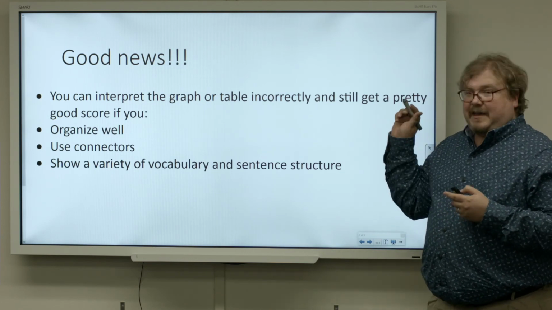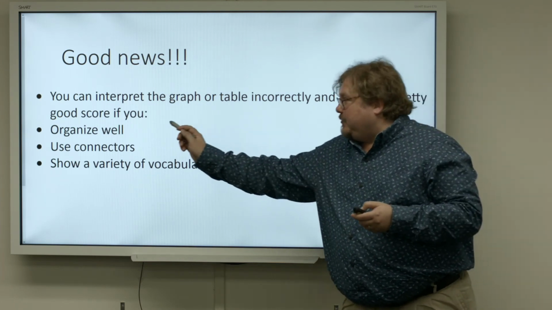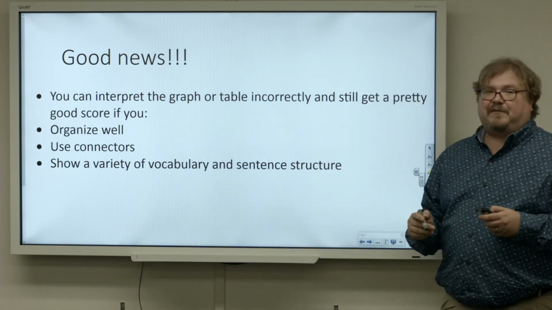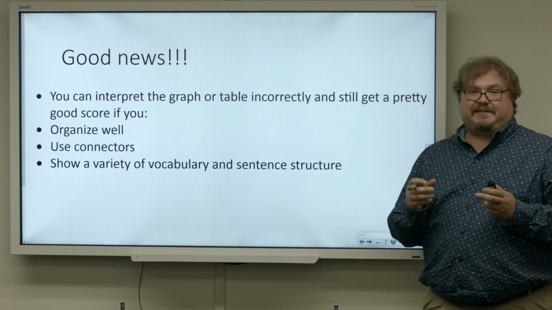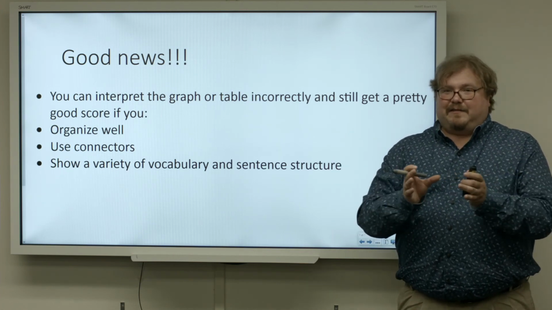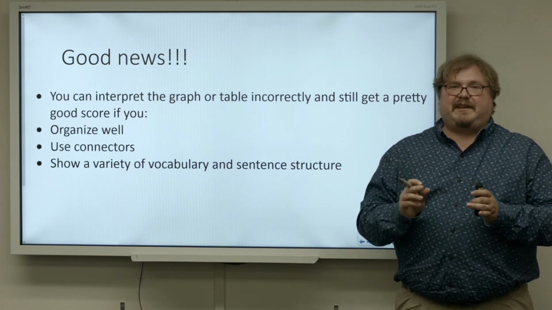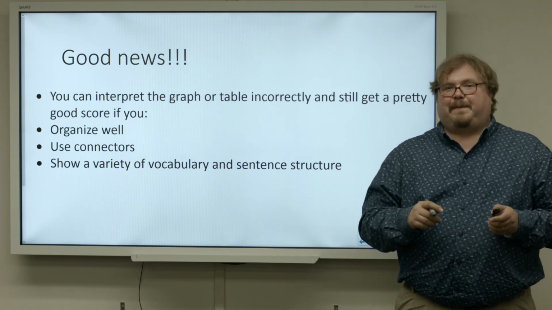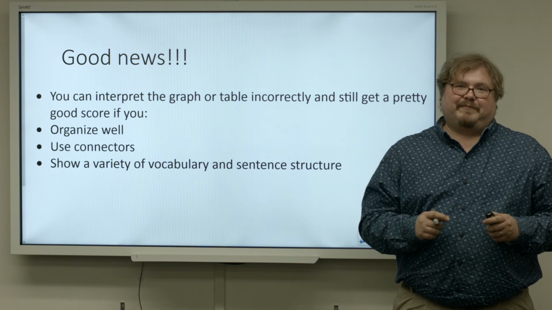And the reason it got a 6, if you organize well, if you use connectors, if you show a variety of vocabulary and sentence structure, they'll overlook some of those small mistakes. Remember, the main thing that they're trying to check is your English ability.